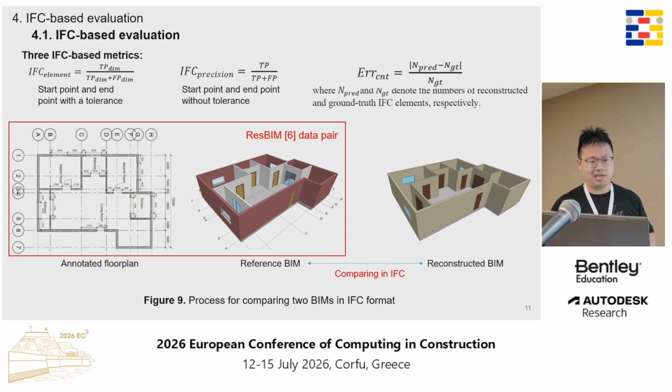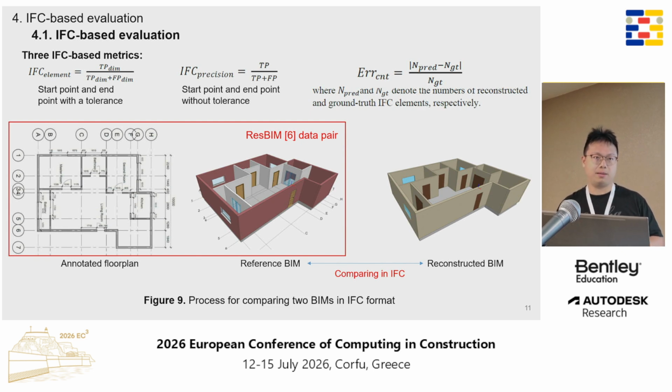The first one, IFC element, compares two vectors with a tolerance. The second one compares the two vectors without tolerance. And the final one counts the number of errors in counting. For the evaluation, we use the RESPIM dataset.